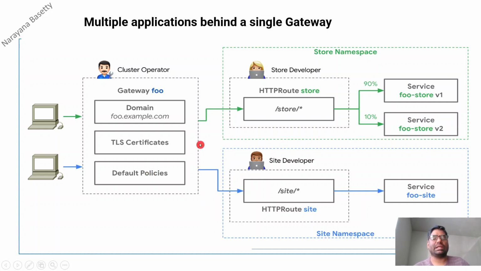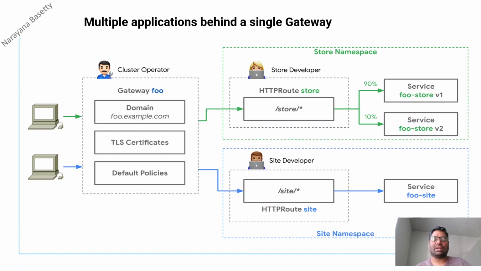Then now you see that, say a request is coming to foo.example.com/store followed by anything in the pattern matching. They are going to direct it to the store namespace. That means the gateway service is now offering cross namespace request dispatch.